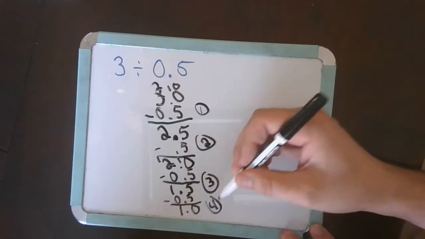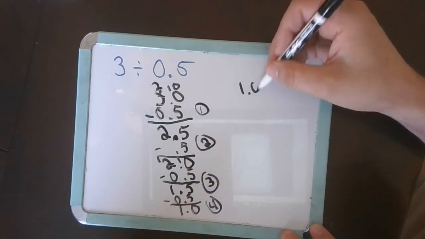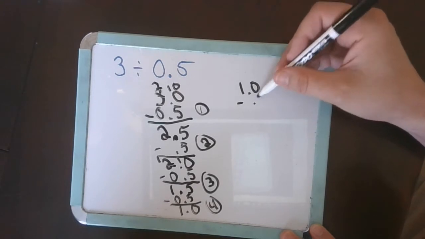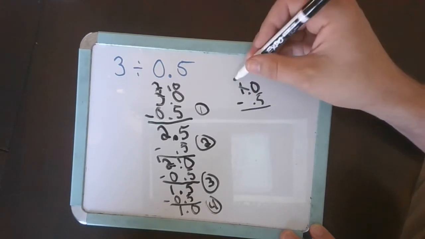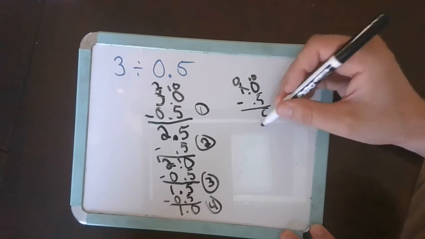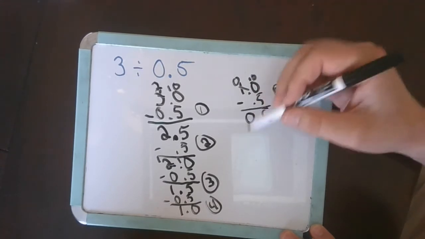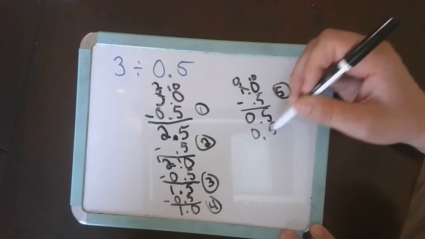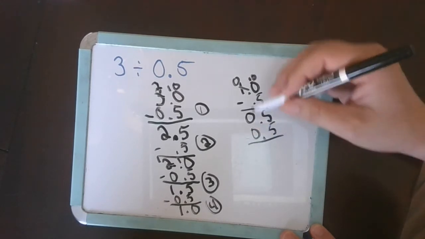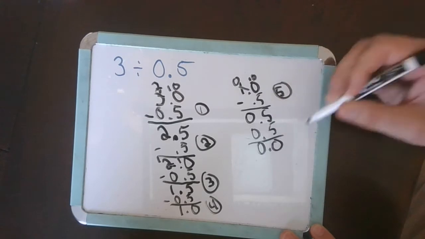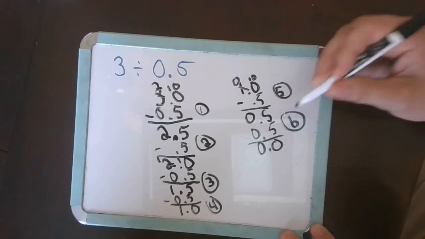I ran out of room this way, so I'm going to move it up here. So I've got 1. I'm going to take away 5/10. That leaves me with 5/10. That was the 5th time I've done it, and now I can do it one last time. When I take it away here, I've got 0 left over, and I was able to do it 6 times.